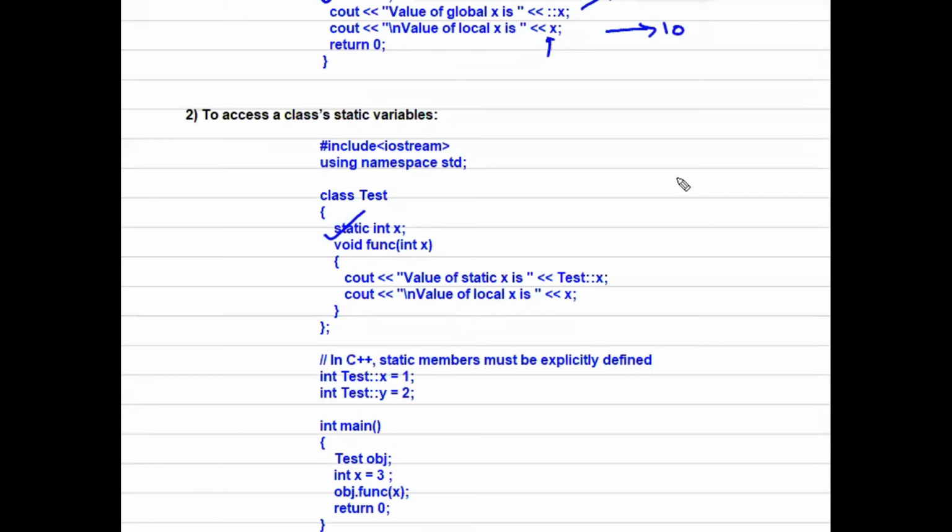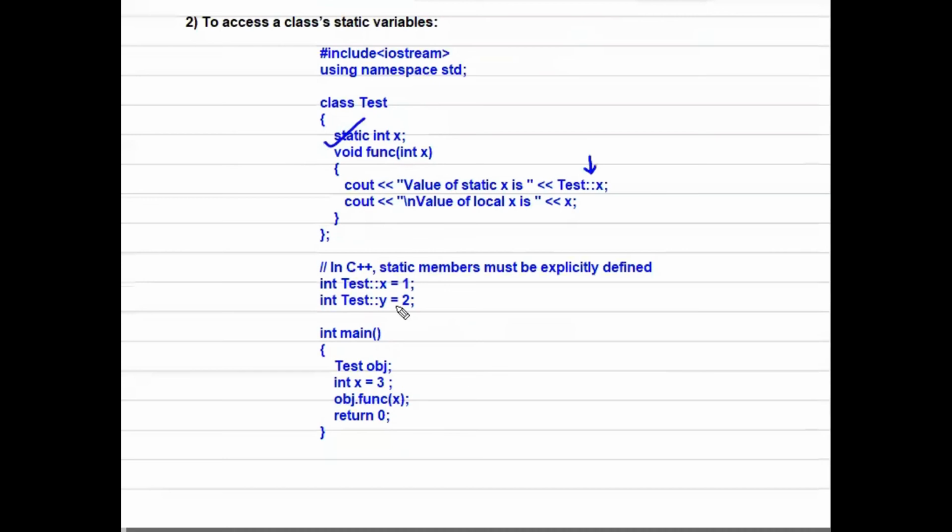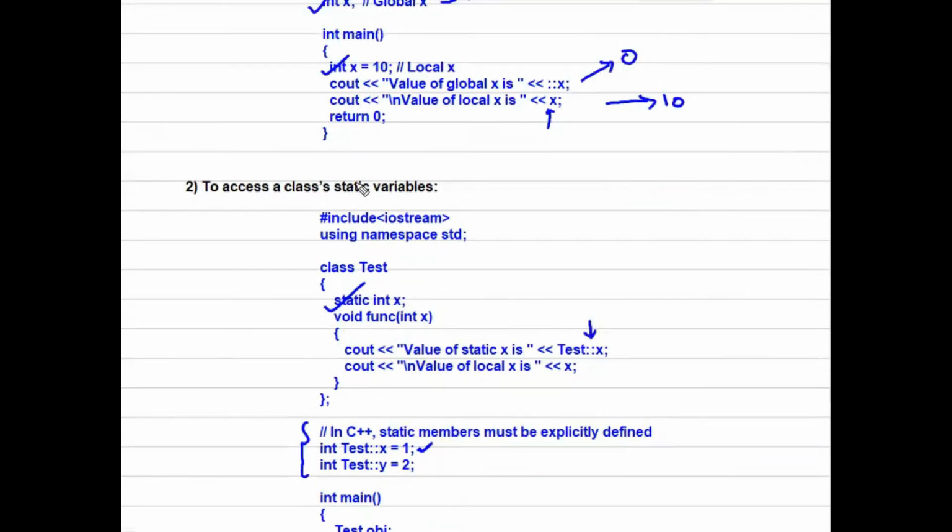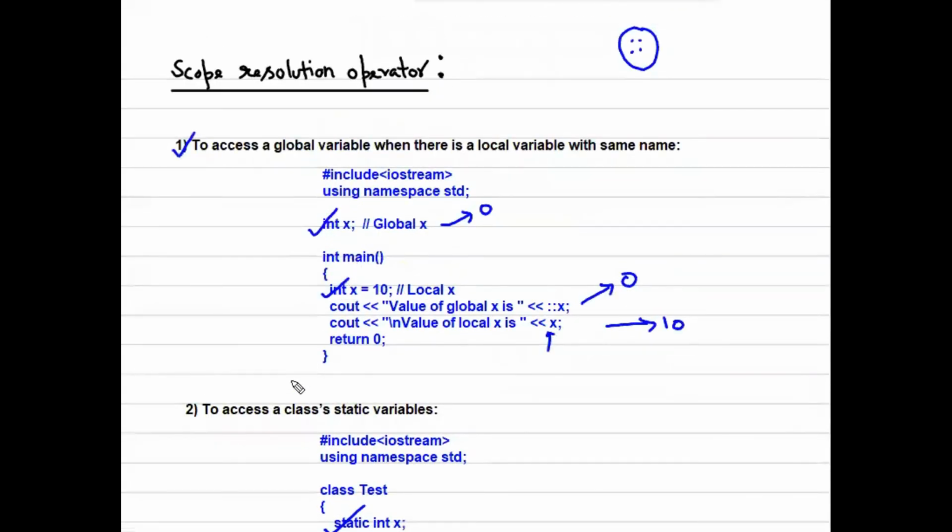By using the class name and the scope resolution operator, I can directly access this static member of the class. But before accessing your static member, you have to explicitly define the value of your static data, so in that case we have assigned 1 to x. This is how you can use the scope resolution operator to access static variables.